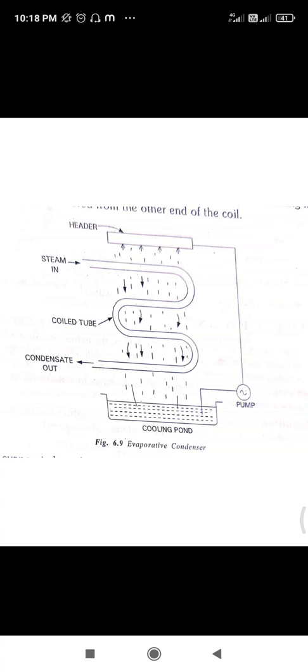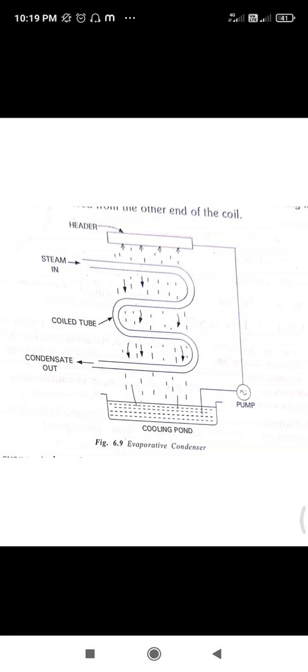The evaporated quantity of water is compensated with fresh cooling water. The condensate is recovered from the other end of the coil. Evaporative condensers are used in small power plants.